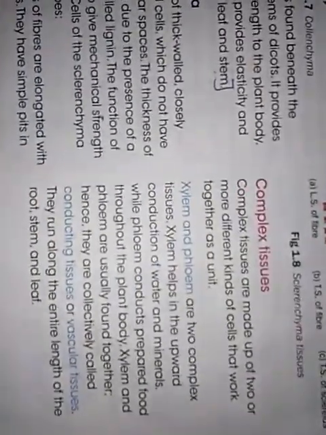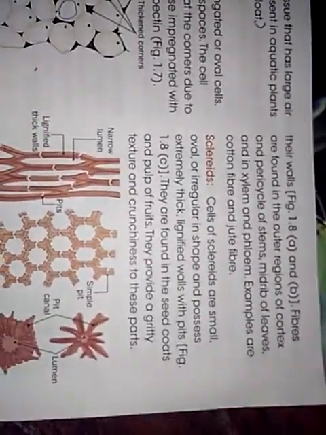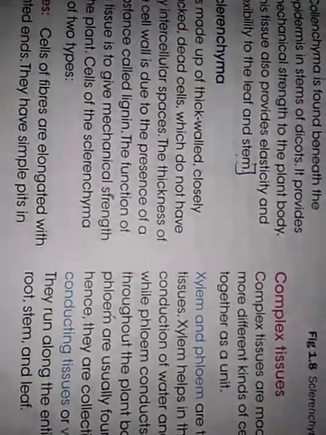Okay. Again I recall. Fibers and sclerids are types of sclerenchyma tissue. The cells of fibers are elongated structures. In the cell wall, simple pits are present.